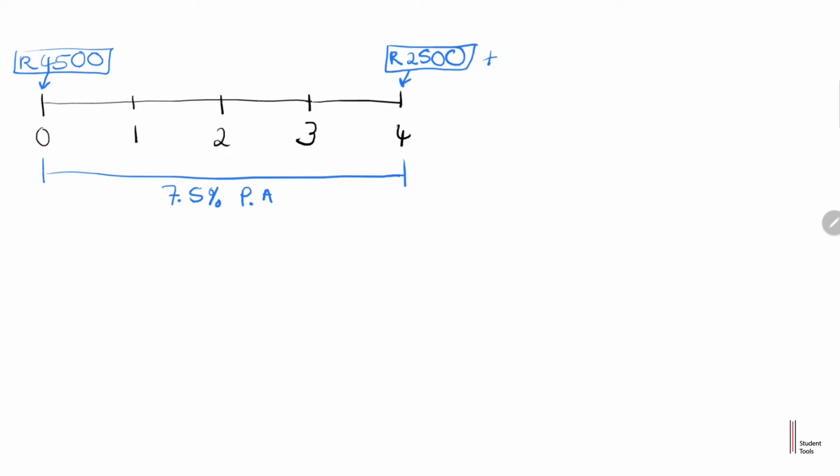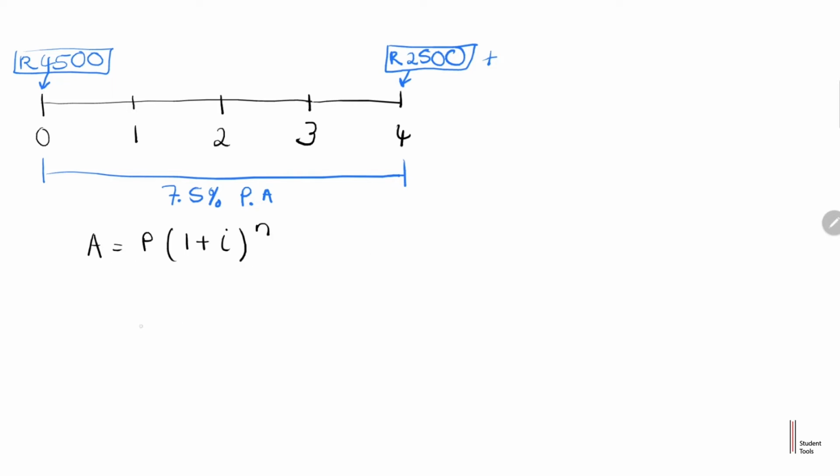So now let us calculate the amount of money accumulated within the 4 years. So we have our formula. Because it's compounded annually, we will use the compound interest formula. So P multiplied by (1 plus i) to the power n.